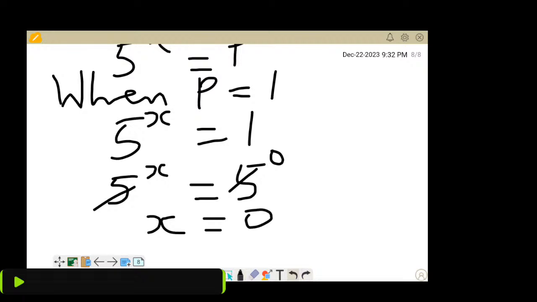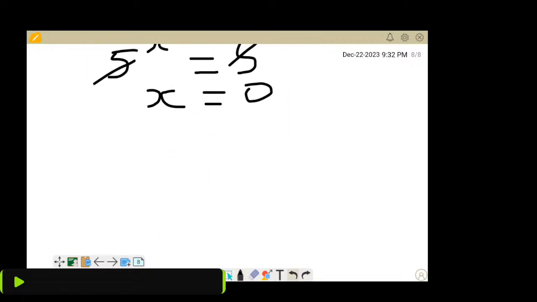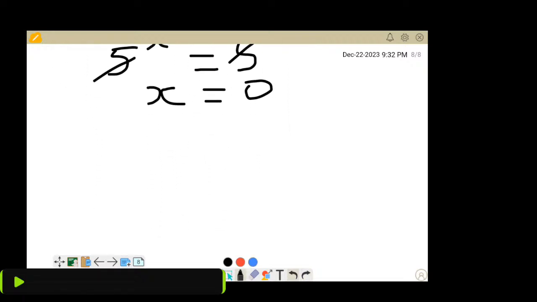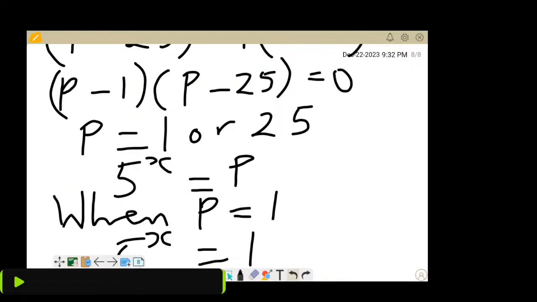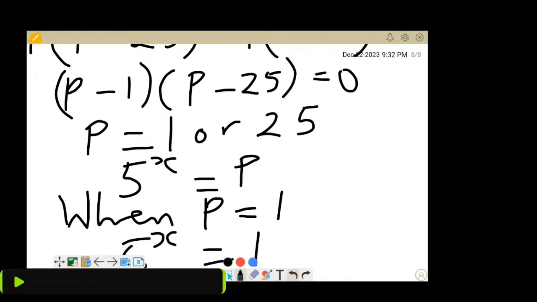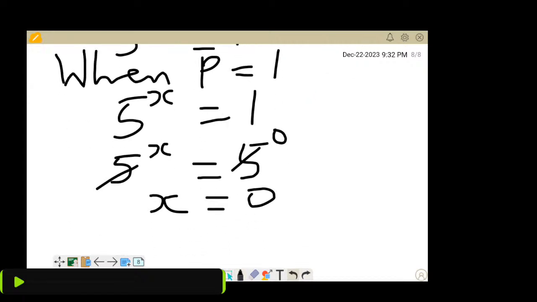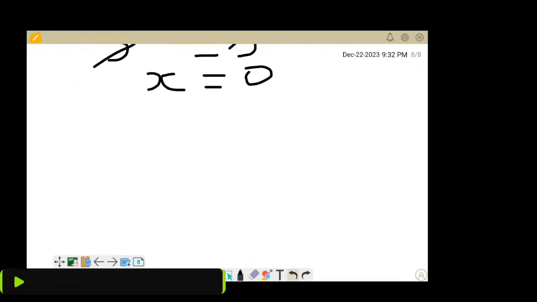Okay, what now happens when p equal to 25? Remember, we have two values for p from here. P is either 1 or 25. So we've treated the aspect of p equal to 1. Let's see when p equal to 25.